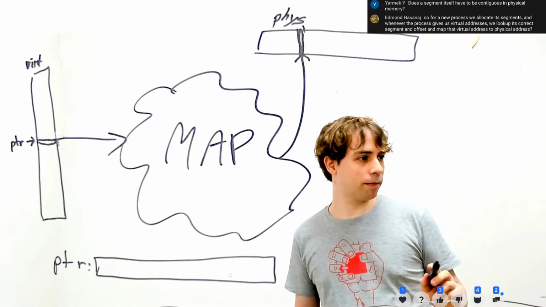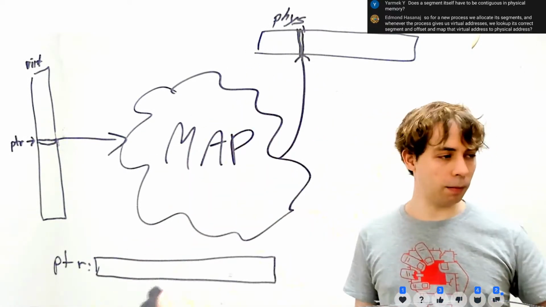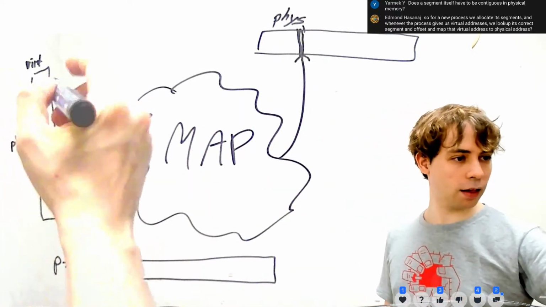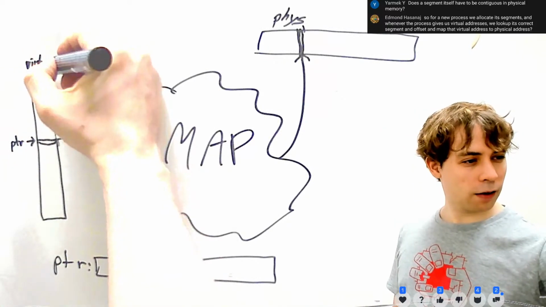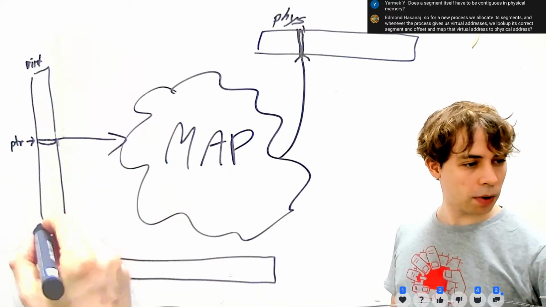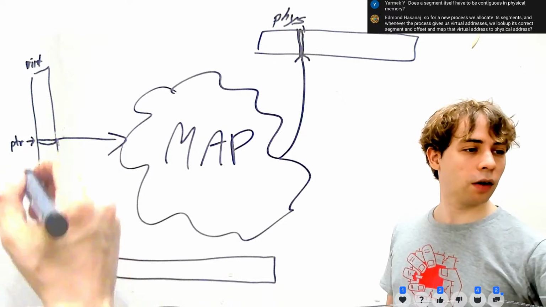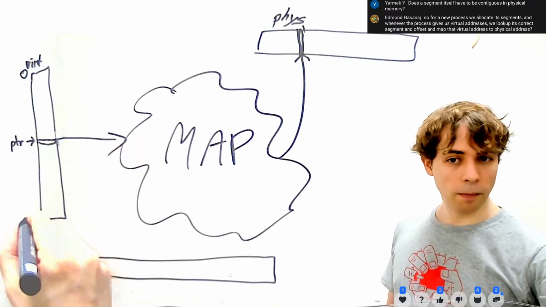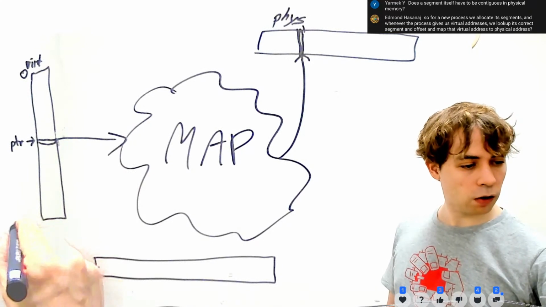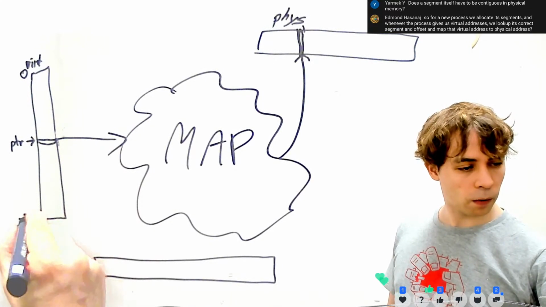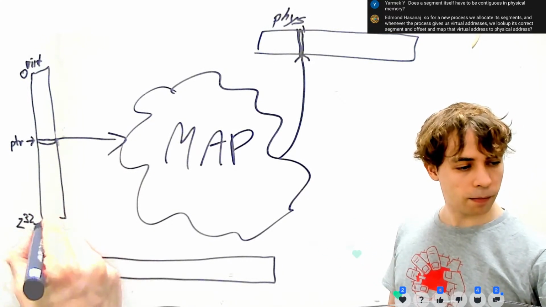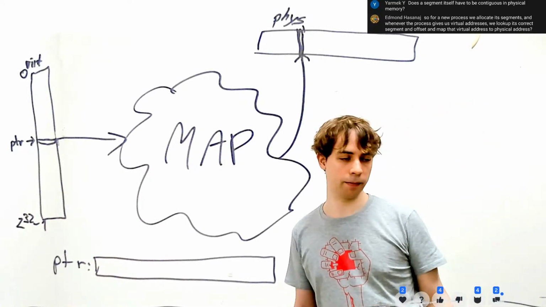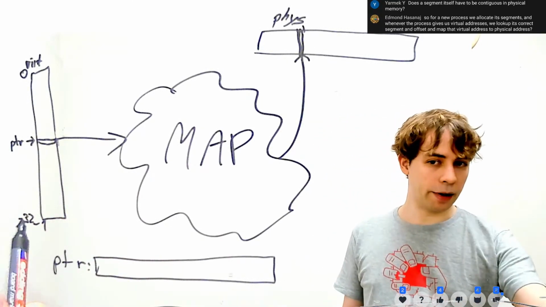32 bits. What does that mean? That the virtual address space is 32 bits. It goes from 0, let me write down the 0 up here, to 2 to the 32 minus 1. How much is that in gigabytes?